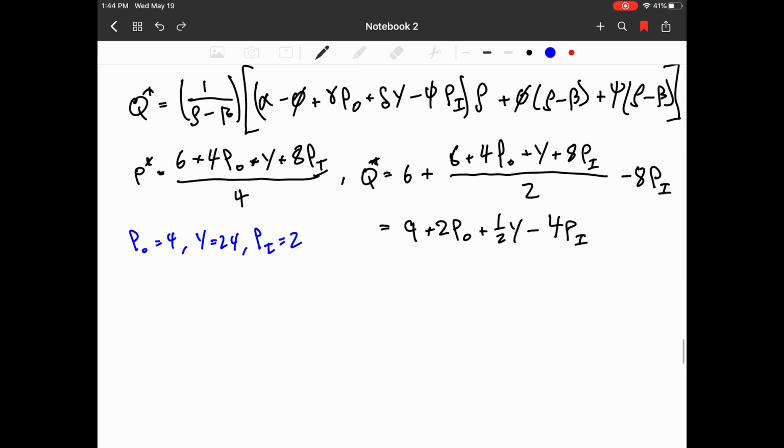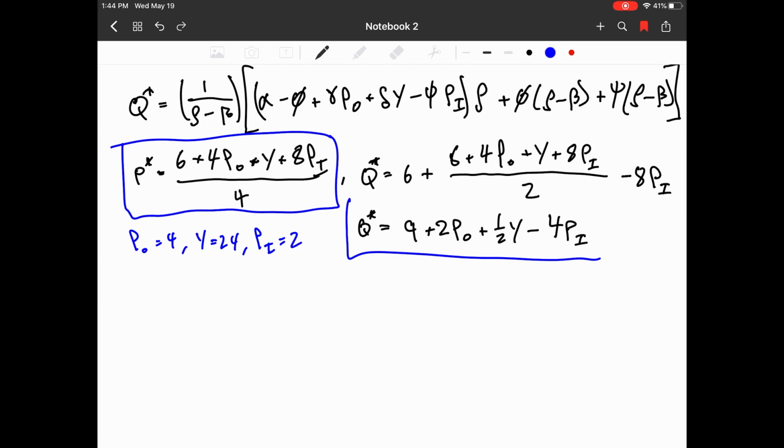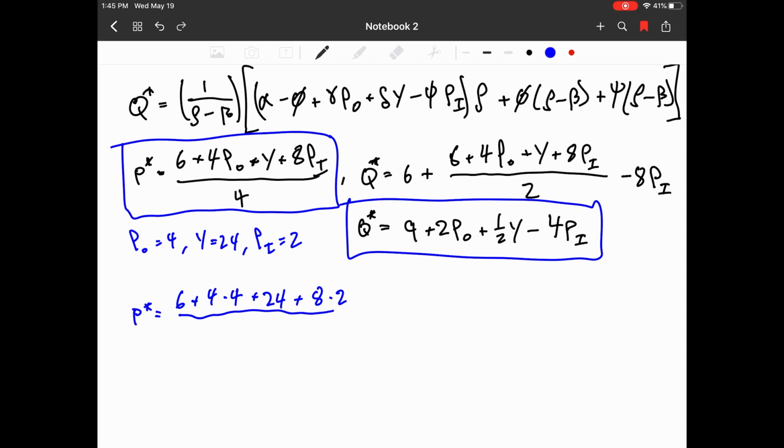Okay, so we have price here and quantity here, and we're going to go through and solve for the actual values of these two numbers. So p star is equal to 6 plus 4 times p0, which is 4, plus 24, which is y, plus 8 times 2, and that's all over 4.